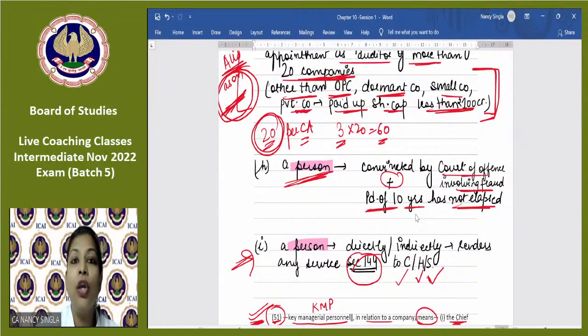Let's say CAX is providing the bookkeeping services to A Limited. So can he be appointed as an auditor? No. Because very logical, there is no independence. The auditor CAX is himself making the books and he is checking the books. So will there be independence?